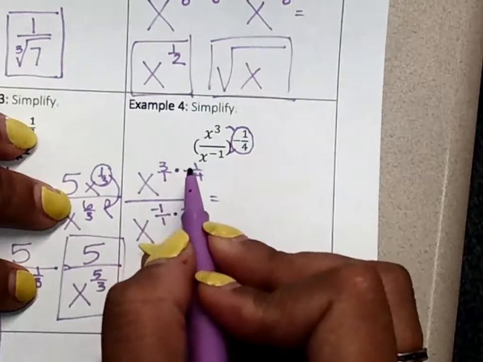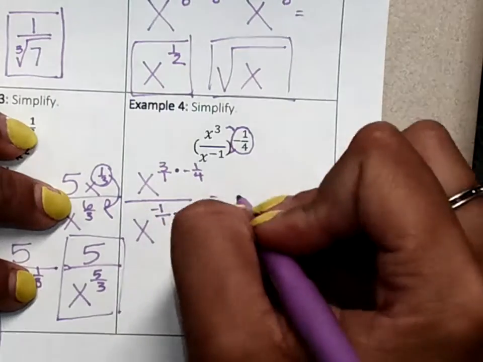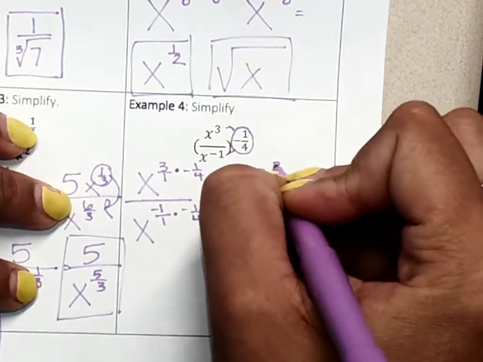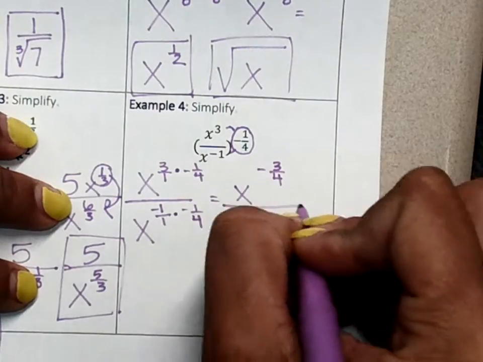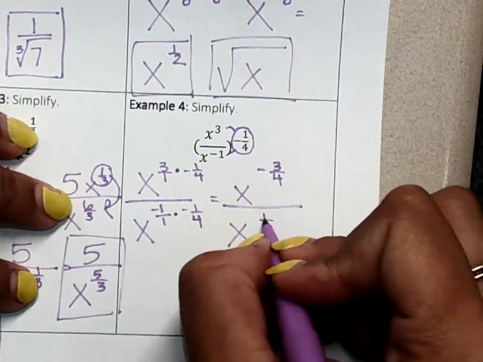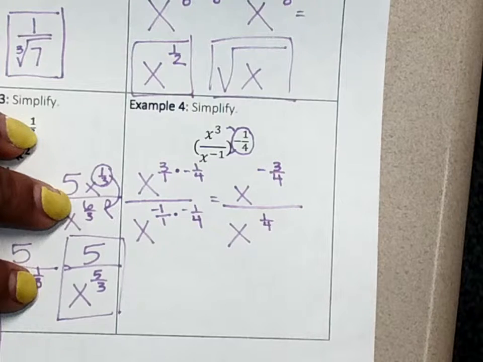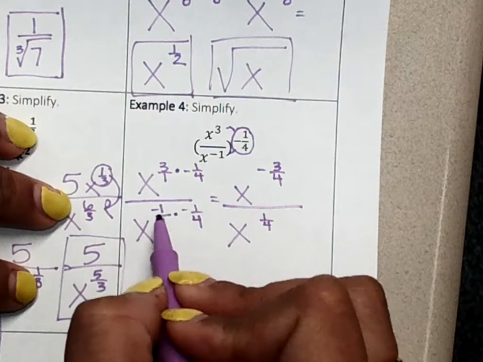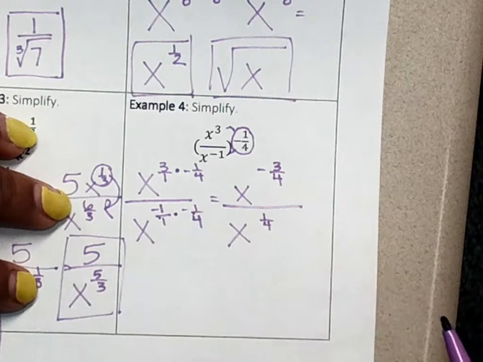With multiplication, we multiply across, giving us x to the negative 3/4 over x to the positive 1/4. A negative times a negative will give us a positive.